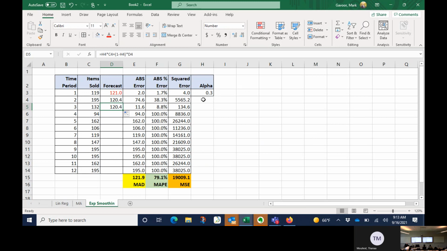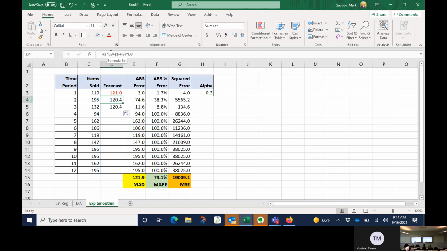So it's going to be using 0 as alpha. So it basically gives me just the previous forecast. It's got to be D3, right? So my mistake here was it cycles down each time. That's a good thing, except when you don't want one of the numbers to cycle down.